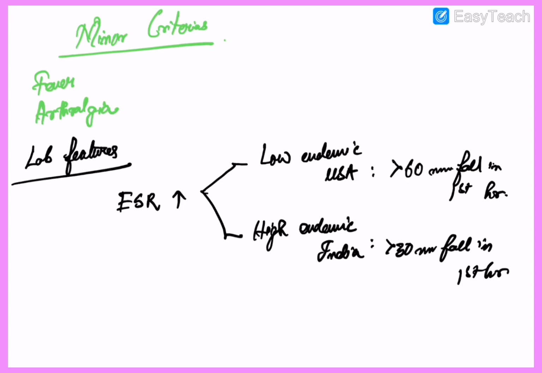Now we can see the SA node electrical impulse passing from the SA node to the AV node, and here the Aschoff nodules.